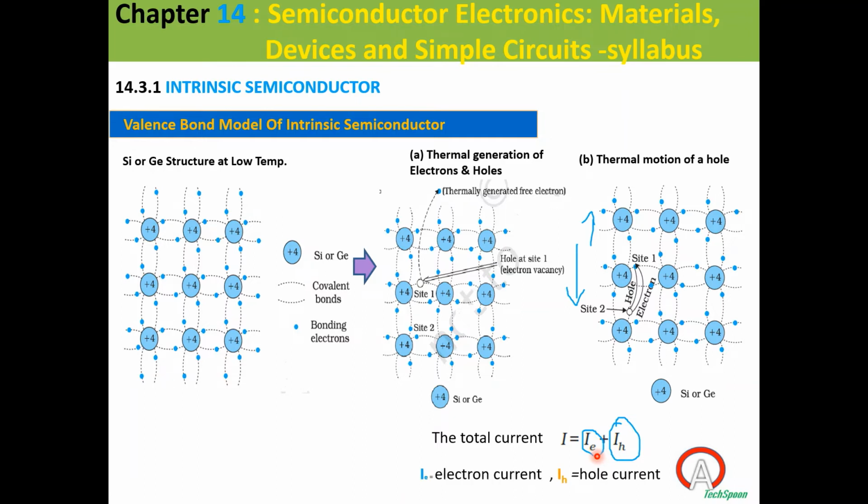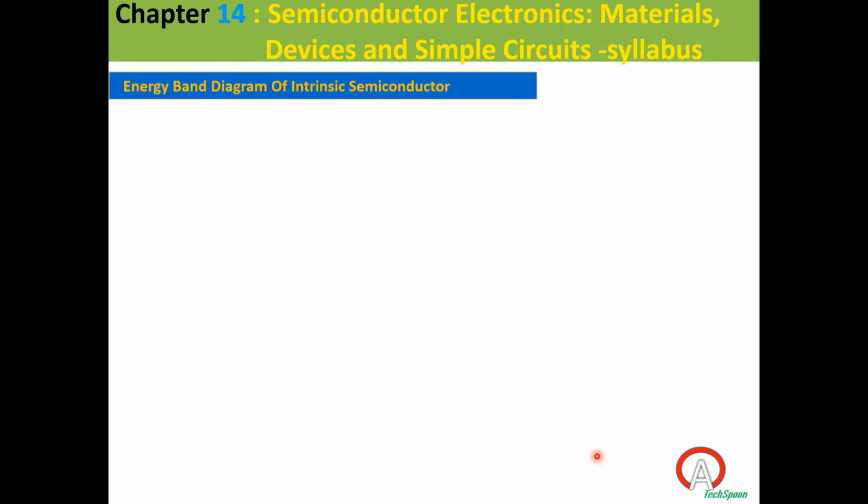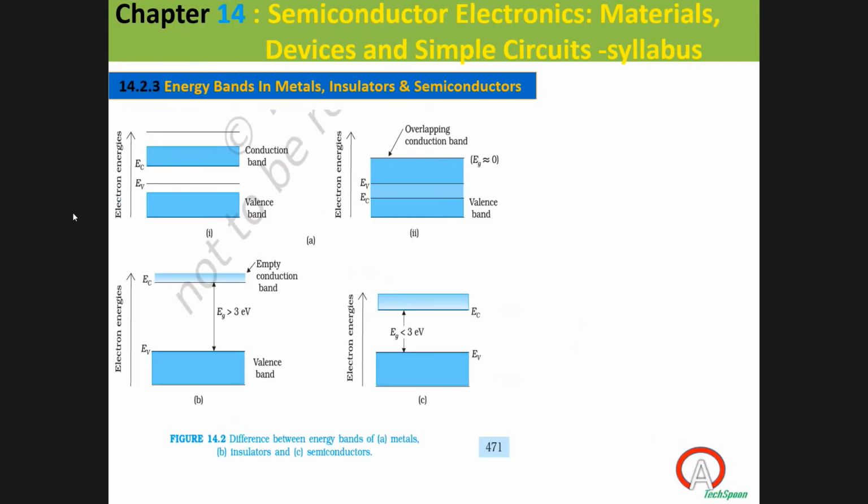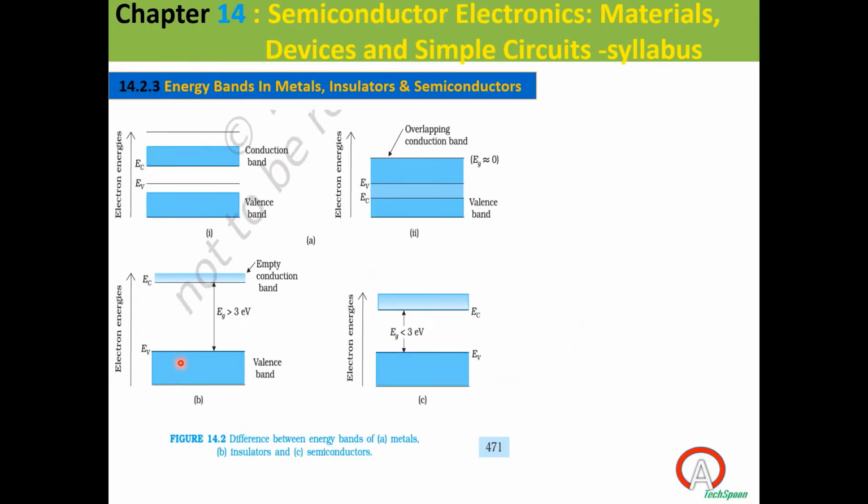See, electron current and hole current. Now, can you imagine how the energy band diagram will look? Previously, we have seen energy band diagrams. Here, this is the valence band, and this will be the conduction band.